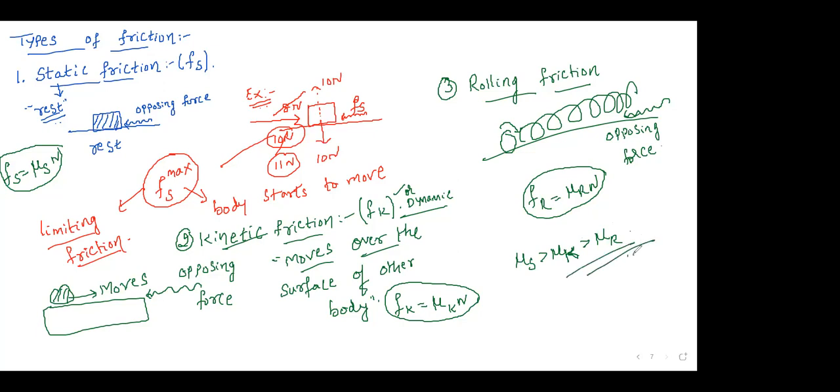So which friction is very less? Rolling friction. Because of this reason only, if the heavy body is there like a cylinder, usually we will roll the cylinder. So it is easy to move because of less opposing force, because of less rolling friction.